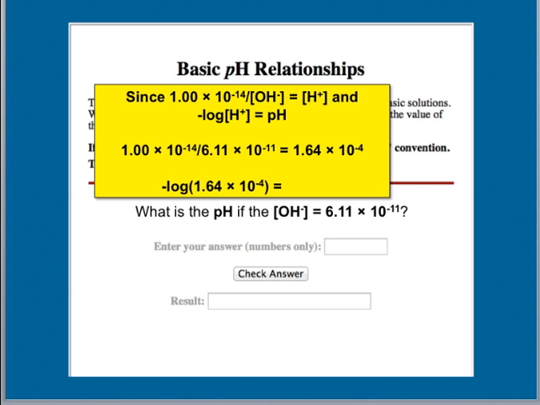Quickly type in your calculator, 1.6 times 10 to the minus 4, hit log, change the sign, and with any luck, you should get about 3.79. With any luck.